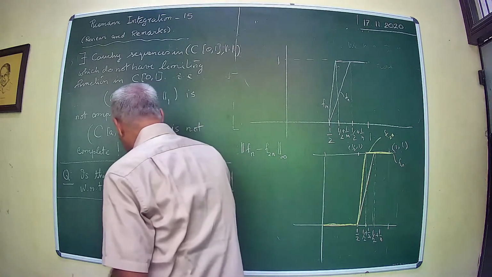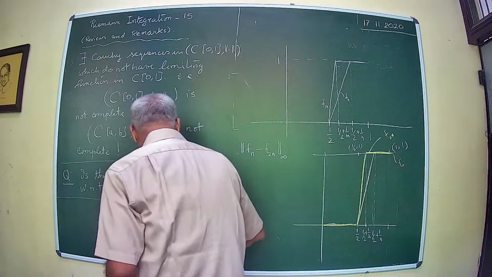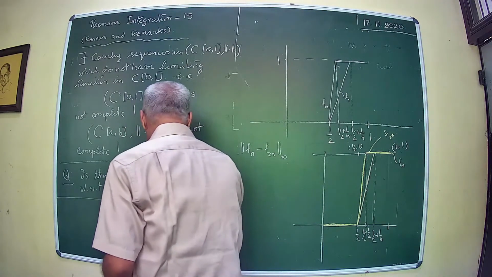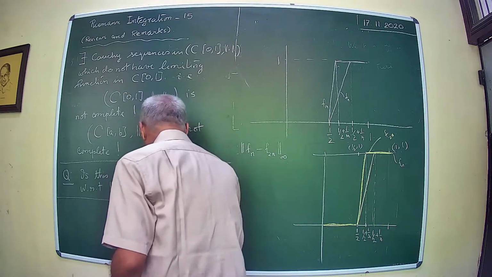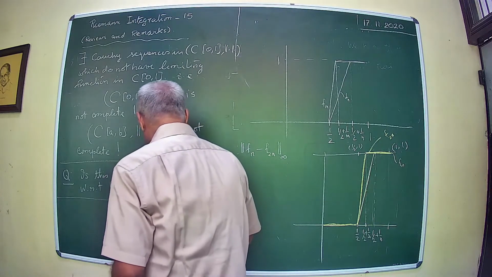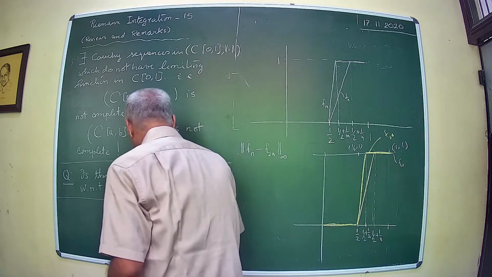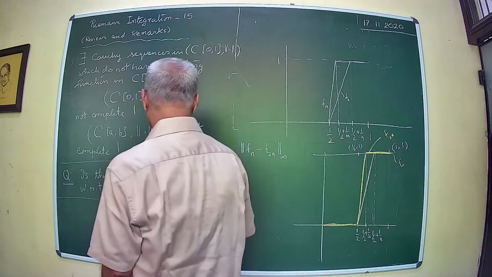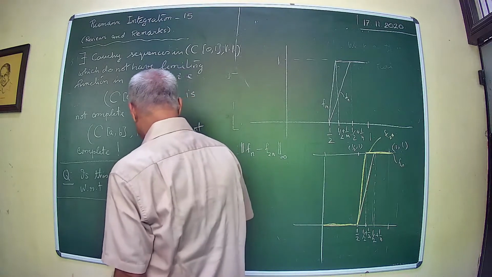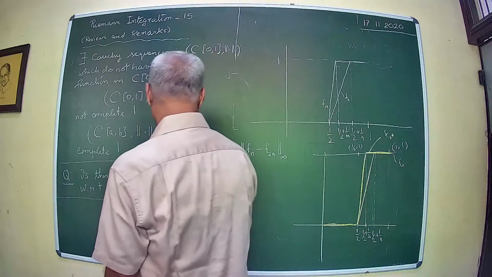What happens here? So here I have, this is 1. So I have one function like this, the other function like this. So I have to find out the vertical distances and so on.